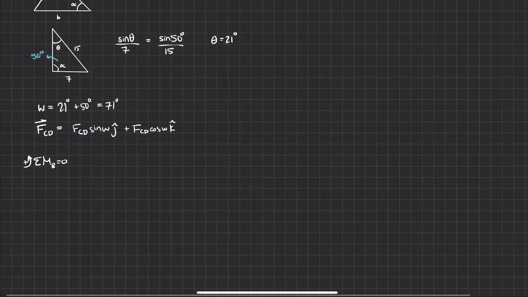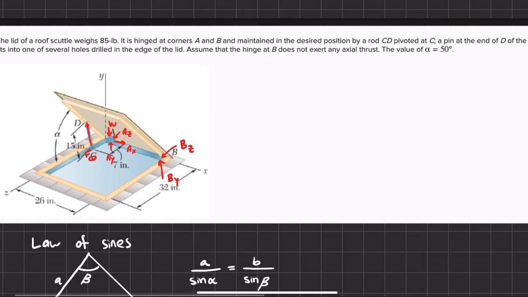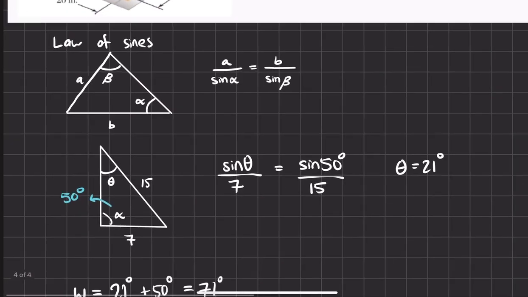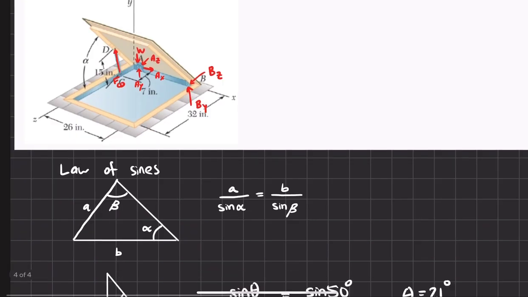Once you do that, you can use a cross product to get from B to the point G to find the weight, and then take the direction vector from B to the force CD right there.